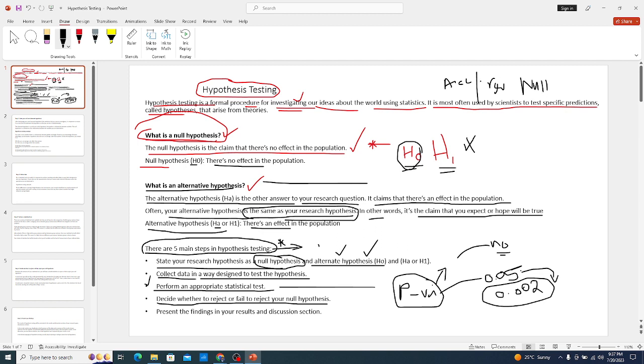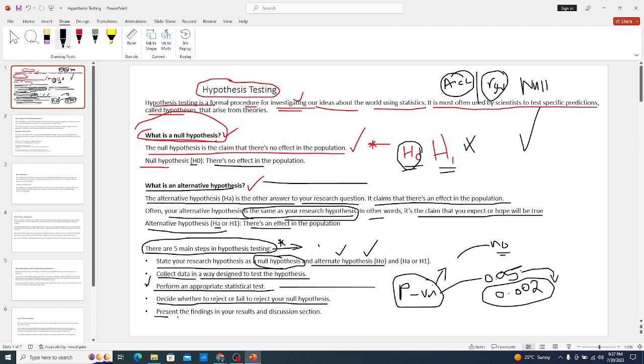If we reject the null hypothesis, then we are assuming that the alternative hypothesis is true, or is correct. If we accept the null hypothesis, then we are showing that we have no significant difference between our two statements which we are trying to test.